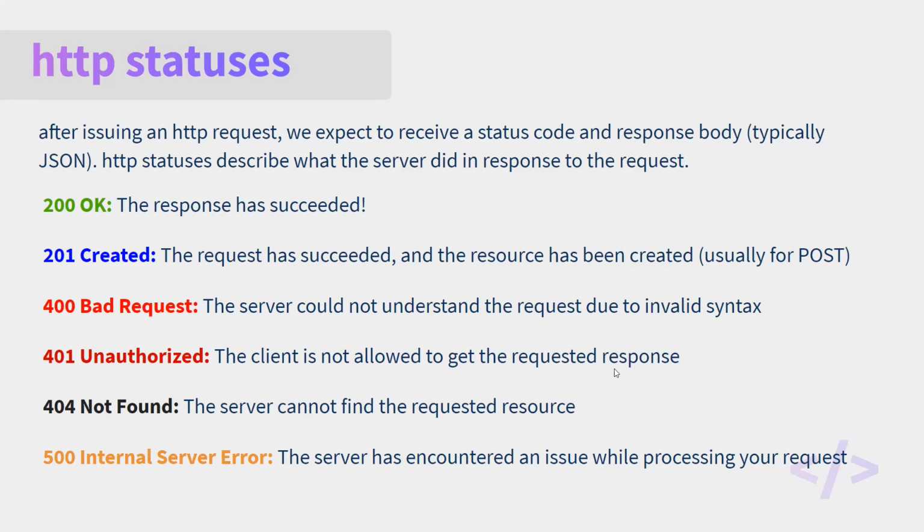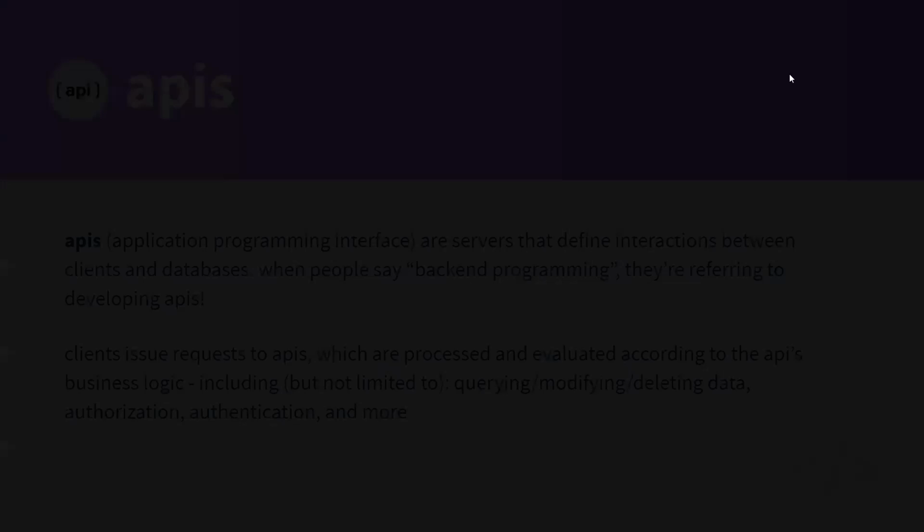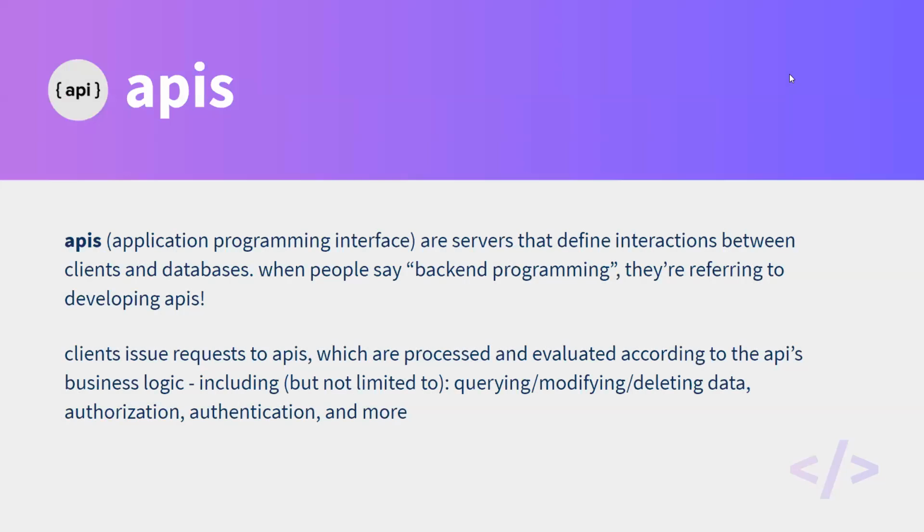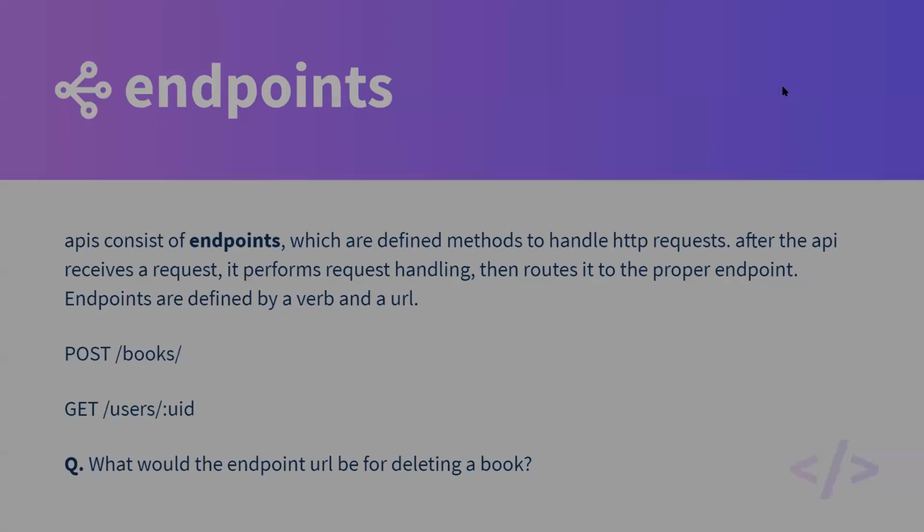And 500 internal server error, the server has encountered an issue while processing your request. Cool. Let's see, I have 6 minutes. I'm just going to skip this if that's okay, just because it's covered in lecture. Feel free to review that on your own time.